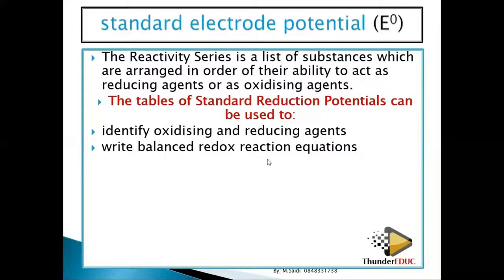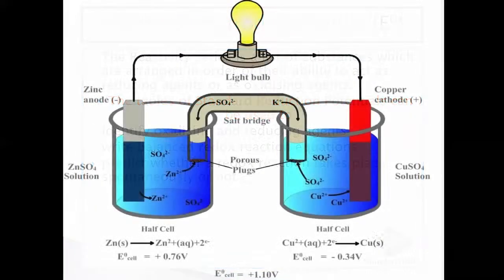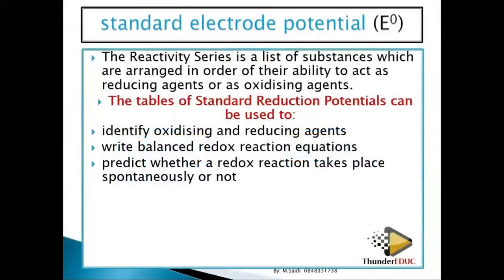And predicting whether the redox reaction is spontaneous or not spontaneous. It can continue without an external power source, or it can't continue without an external power source. That's the meaning of spontaneous.